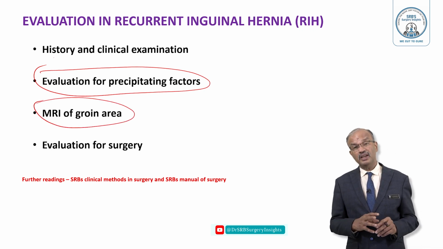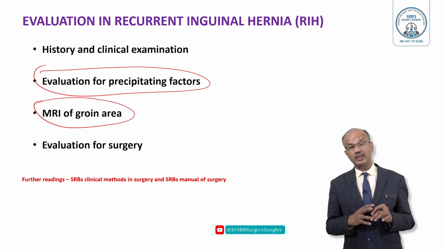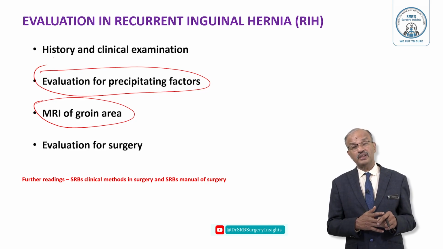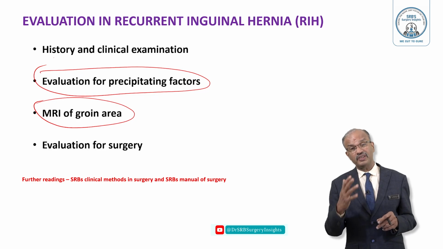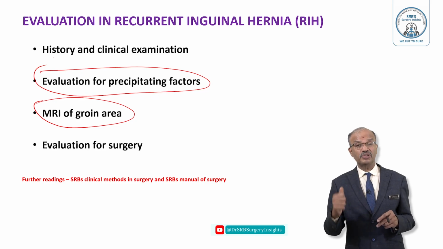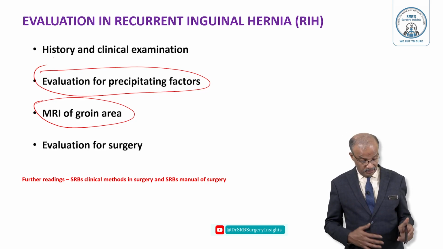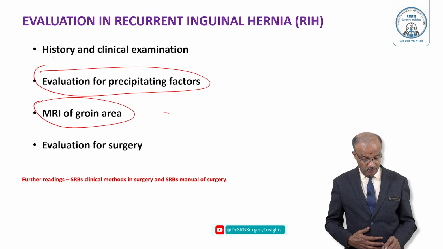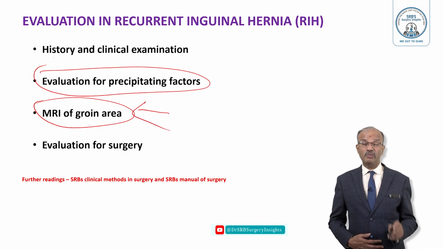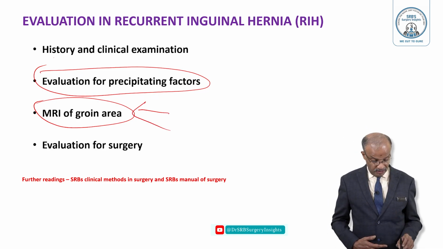It gives a very clear idea of which tissues have disrupted, where is the mesh which was already put there, how much defect is there, whether it is MM, PM, MD. Size is important, I already told, 2 centimeters, more than 2 centimeters, location. That is all assessed properly by the proper MRI. This is the investigation of choice, imaging for recurrent inguinal hernia.